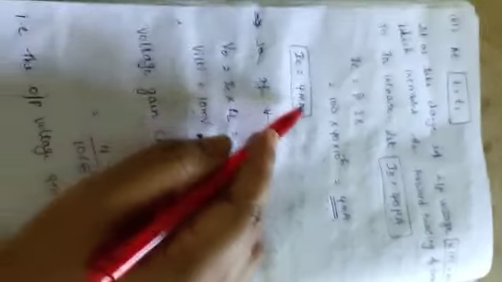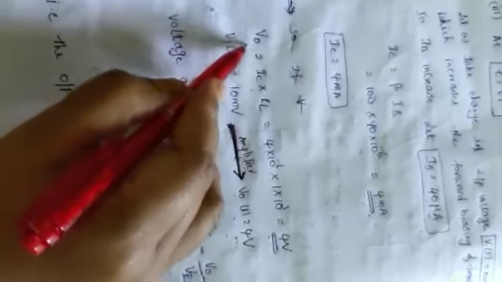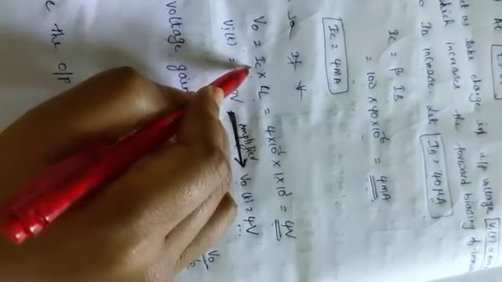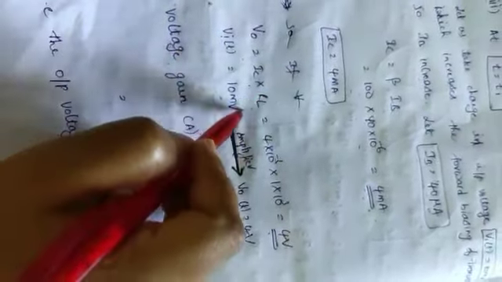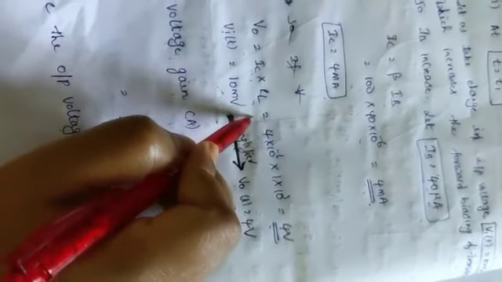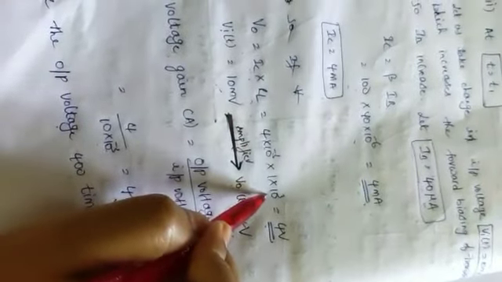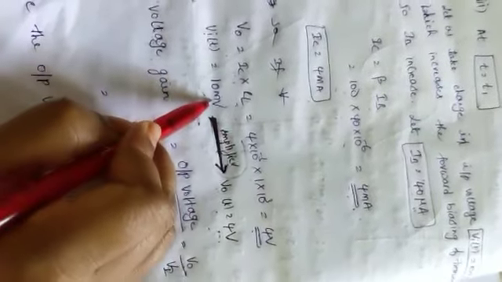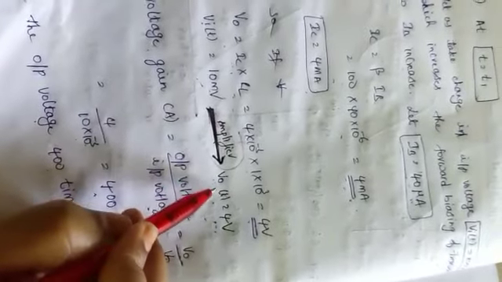Now what is the output voltage? V0 equals IC into RL. IC equals 4 milliamperes and RL is a fixed value of 1 kilo ohm. So how much voltage? 4 volts. For the amplifier, I am applying an input voltage of 10 millivolts, and now we got an output voltage of 4 volts.